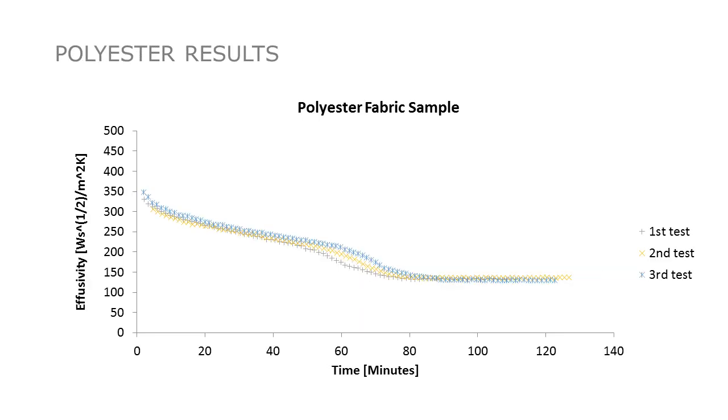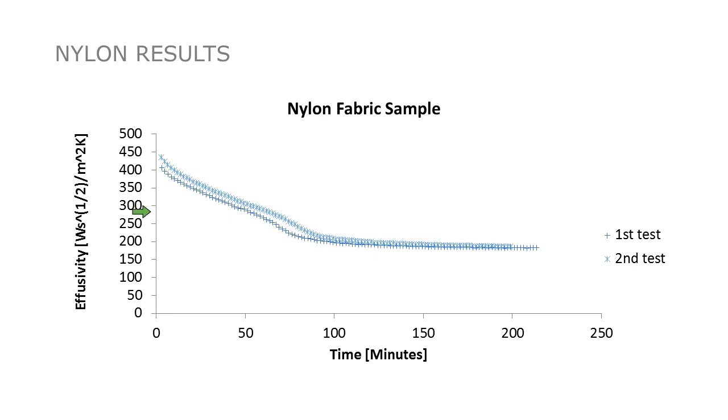So here are 3 different test sequences run on the polyester fabric sample. So you can see some pretty good reproducibility and overlay of those test results. Oh yeah, see, this test went up to 120 minutes, so 2 hours in duration. The nylon fabric was only tested twice in this case.